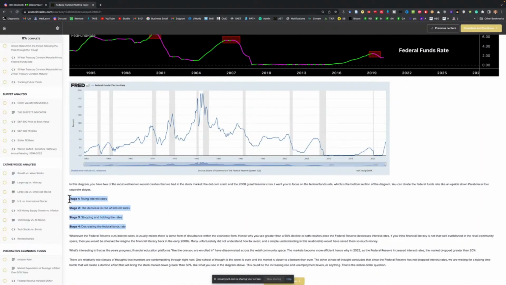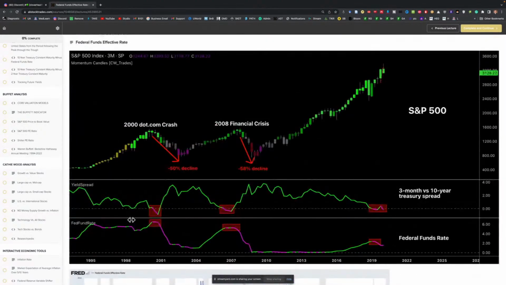I think it's easier for people to see. It's an upside down parabola. The Federal Reserve usually starts with rising interest rates, then decreasing the rate of the rise, and then stopping and holding the rates. So it's kind of like your peak, and then decreasing the federal funds rate, which is basically decreasing the rate hikes.